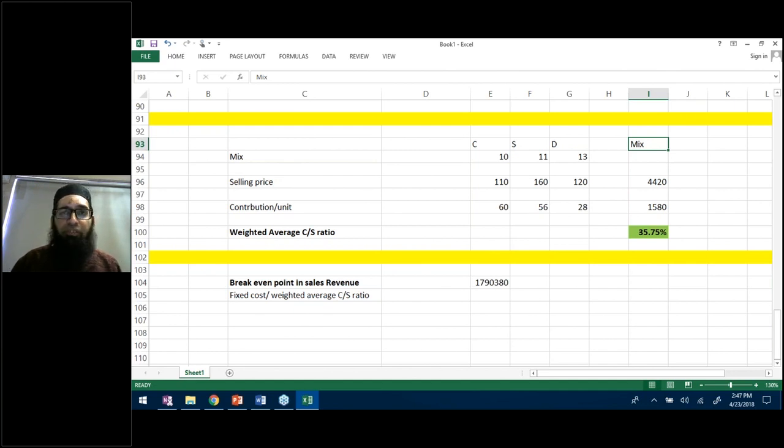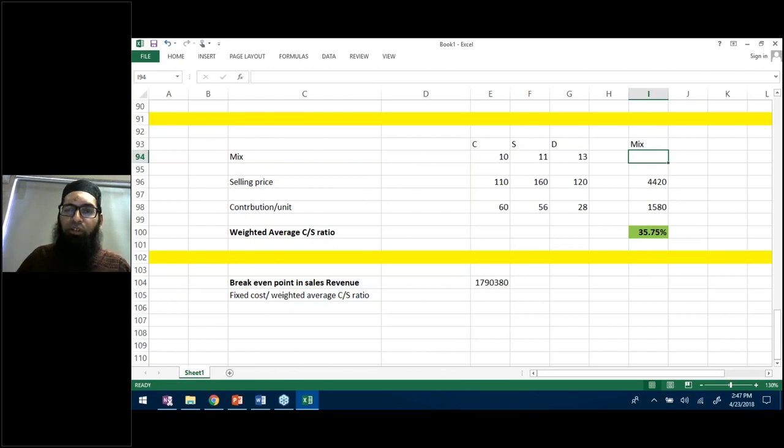So instead of mix, you can take a concept of a packet. We are making a pack for all the 3 products, and each pack will contain the same proportion of mix that has already been used.